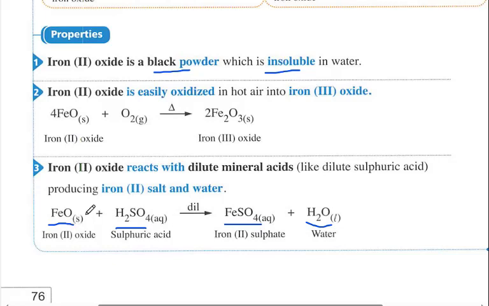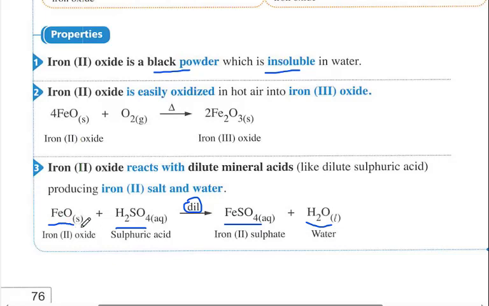This is a very important note. Okay, ferrous oxide reacts with dilute sulfuric acid. The other oxides react only with concentrated acids. So if you see that an oxide reacts with dilute acid without heat, it is ferrous oxide, iron 2 oxide.